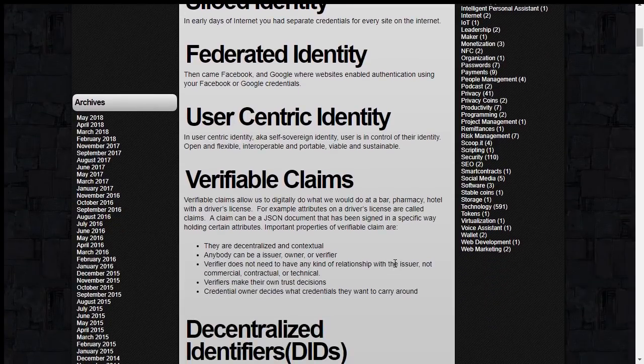So the way the user-centric identity can be implemented, and the reason behind user-centric identity is, again, the user controls the identity in terms of what they want to share with the other party.